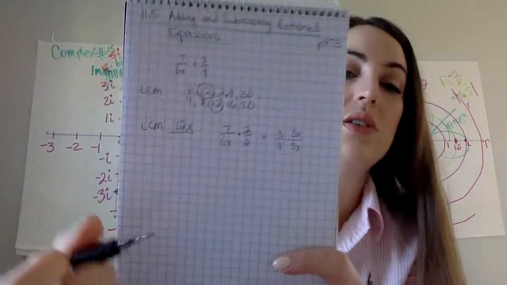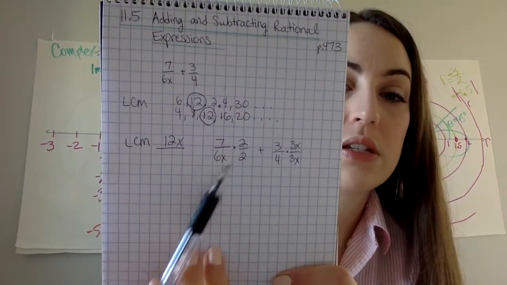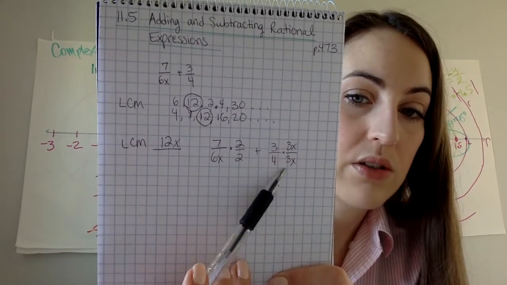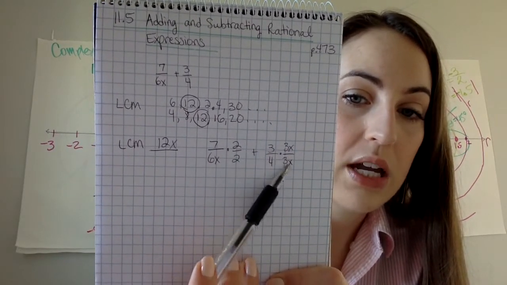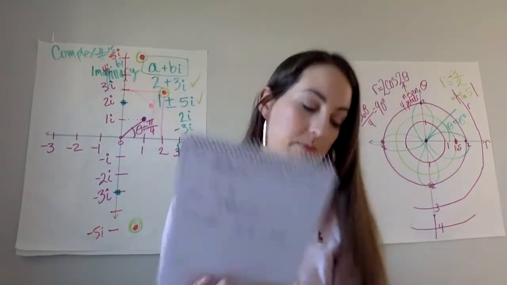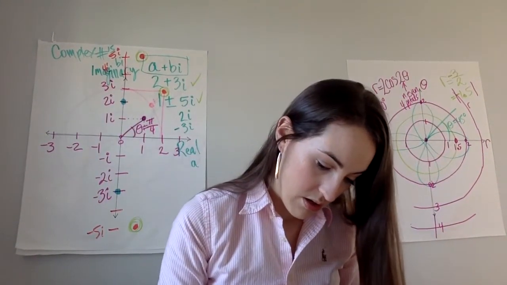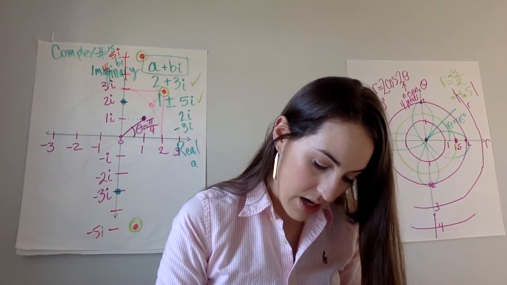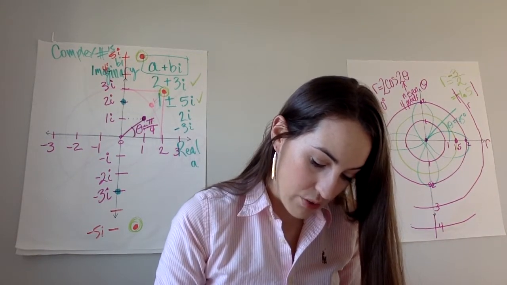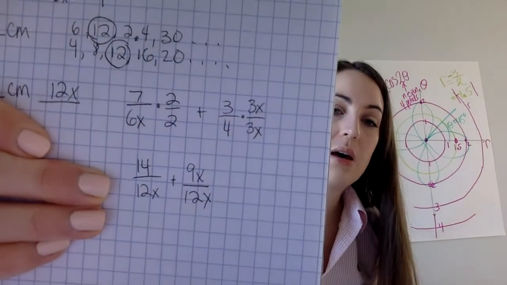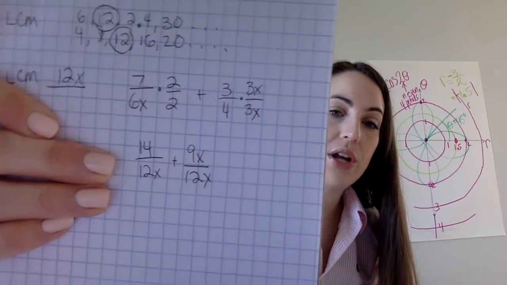Okay, so there we go. 7 over 6x times 2 over 2 plus 3/4 times 3x over 3x. Remember, we can do that on an expression because that is equal to 1, and you're allowed to multiply anything by 1. We get 14 over 12x plus 9x over 12x. And now that those have common denominators, we can add the numerators together.